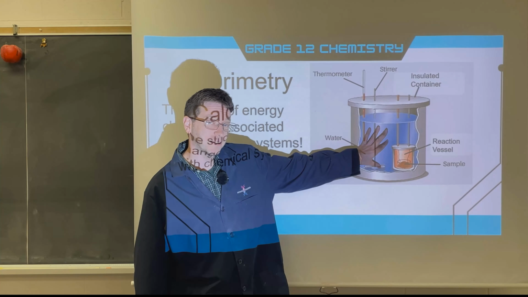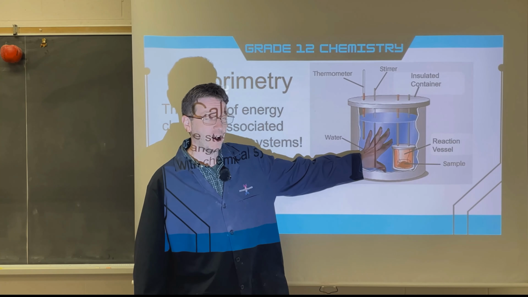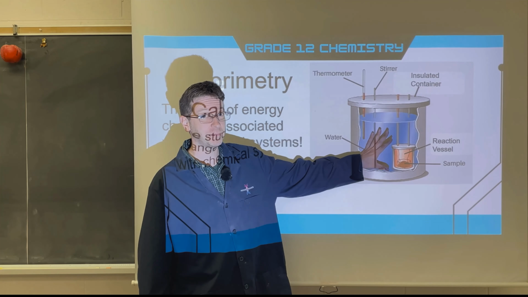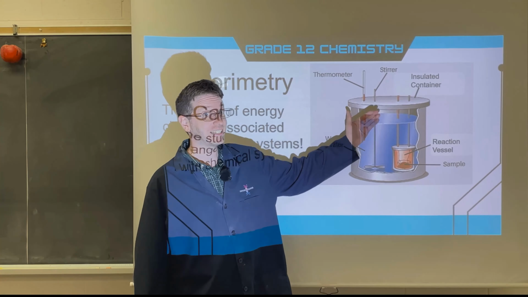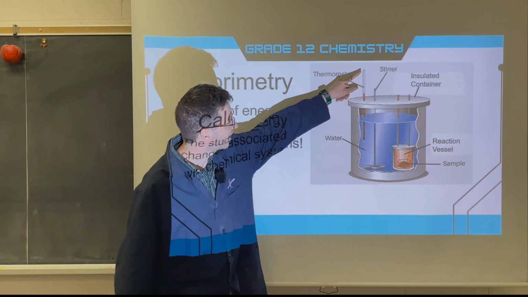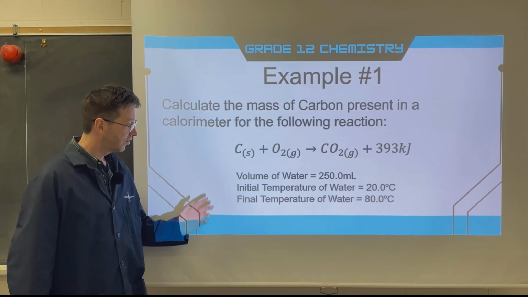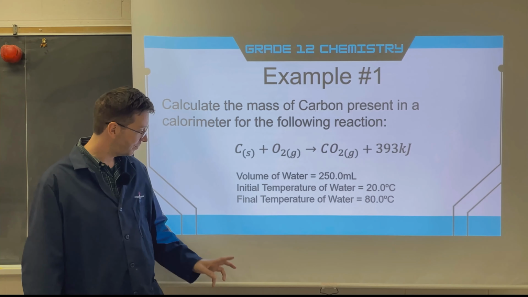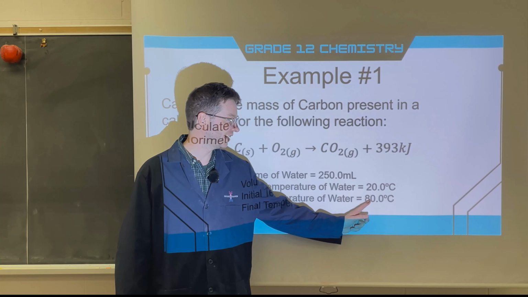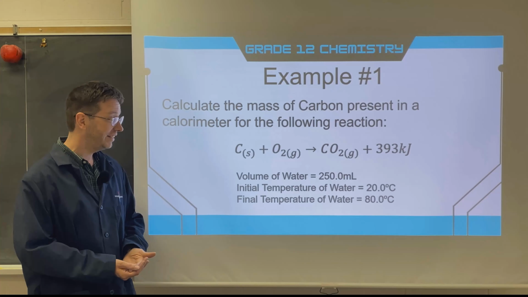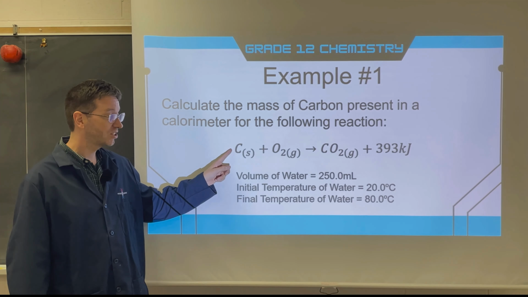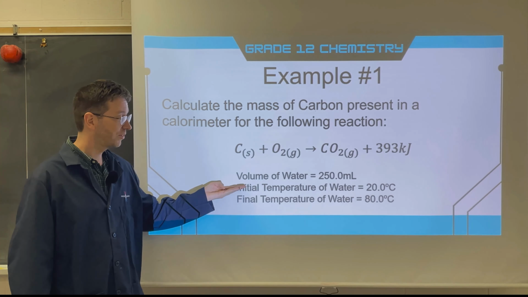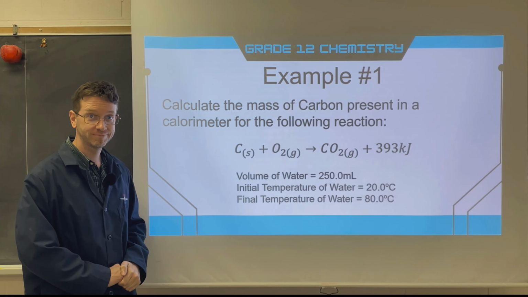So as we heat up the surrounding water, we can figure out how much energy was actually released based on how high the temperature is increased for the water, hence our thermometer. So in our calorimeter, we have 250 milliliters of water, and the temperature increases from 20 to 80 degrees. So what we need to do is figure out how much carbon was used to create that increase in temperature.